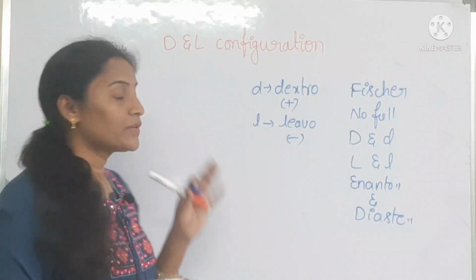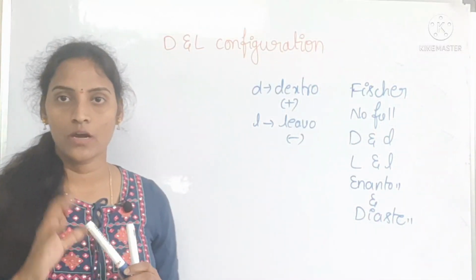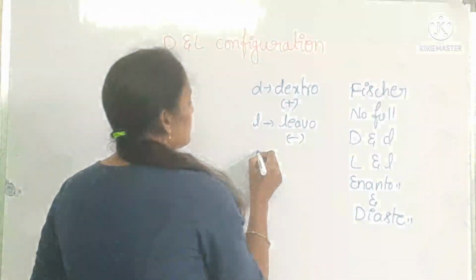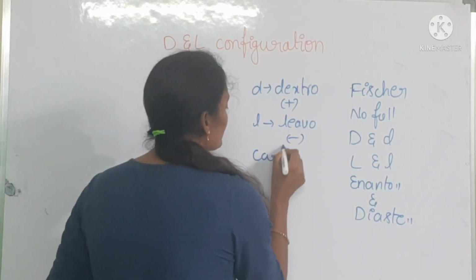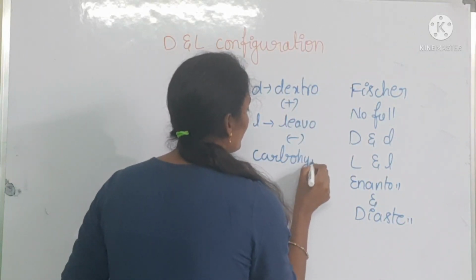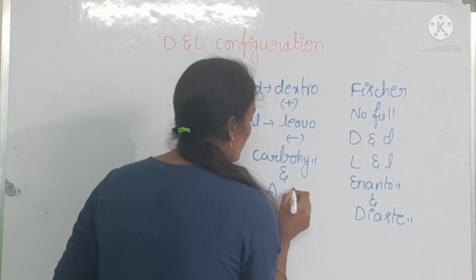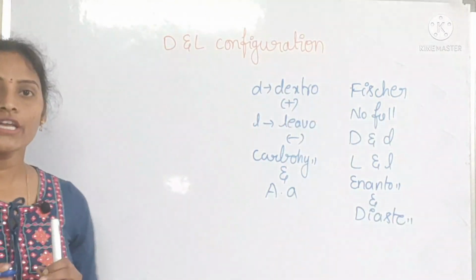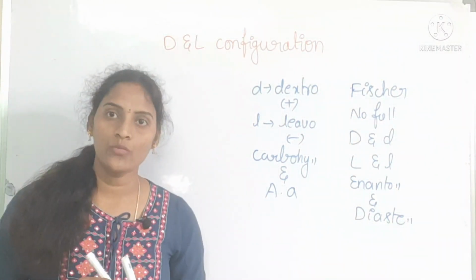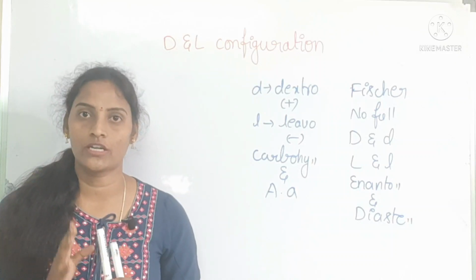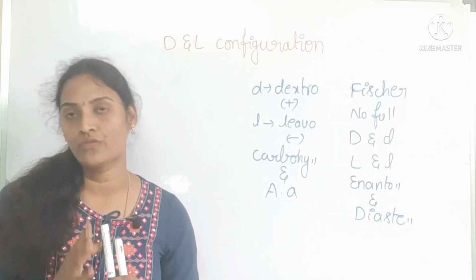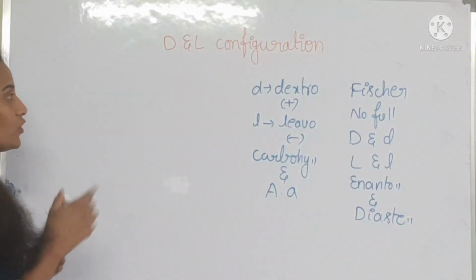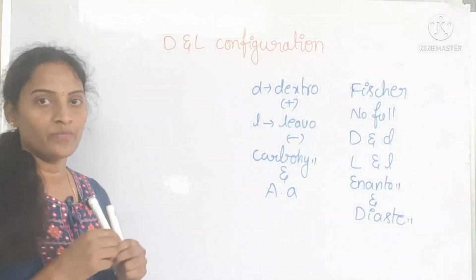And especially these D and L configurations are applicable for carbohydrates and amino acids. How can you assign whether a particular compound has D configuration or L configuration? For this, you have to take the Fischer projection.